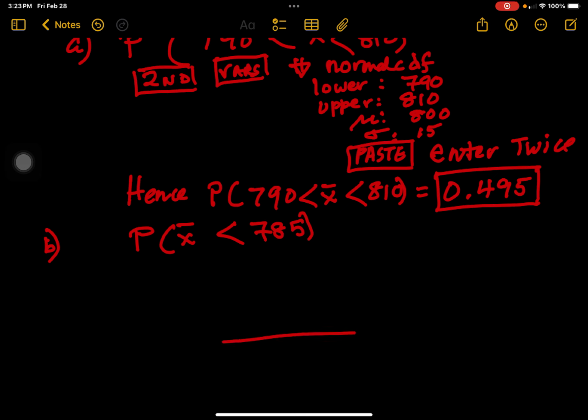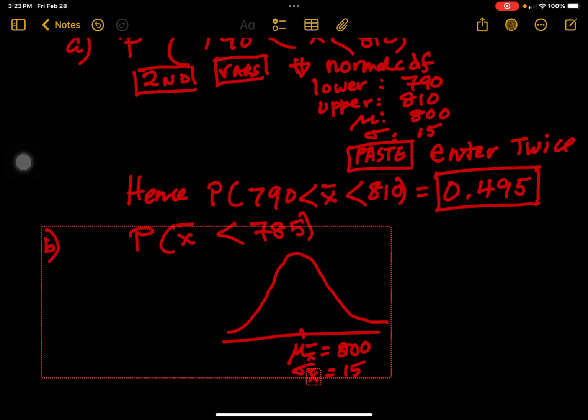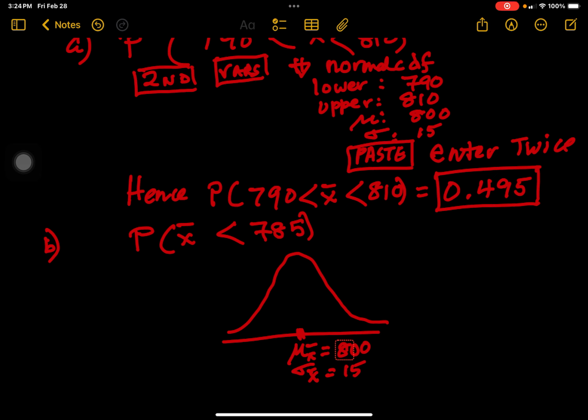Okay, so if I draw the picture over here, at my center, mu x bar is equal to 800. My sigma x bar, I have determined before, is 15, and I want the probability that x bar is less than 785. Notice that 785 is less than 800, so it will lie on the left of the center.